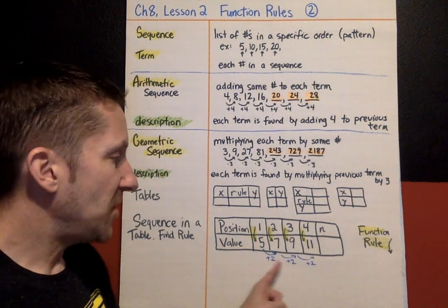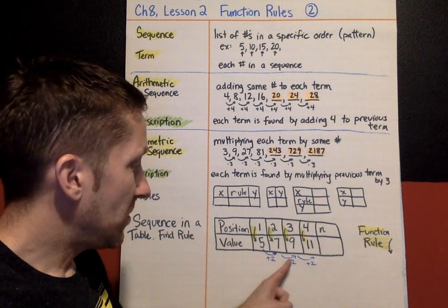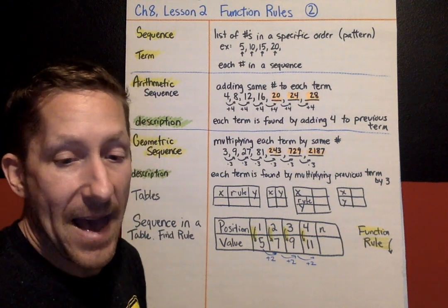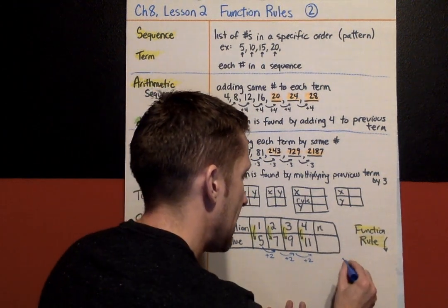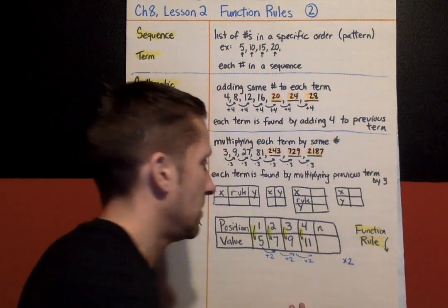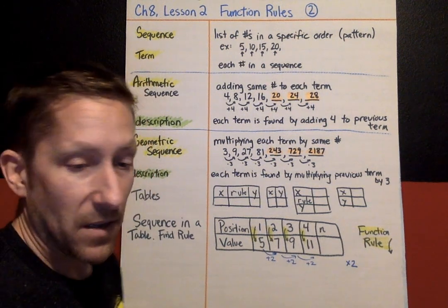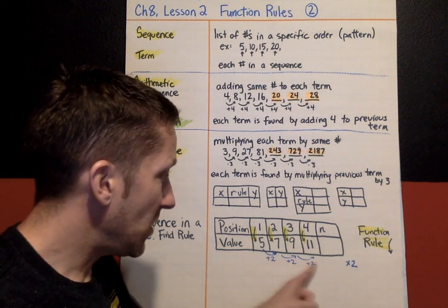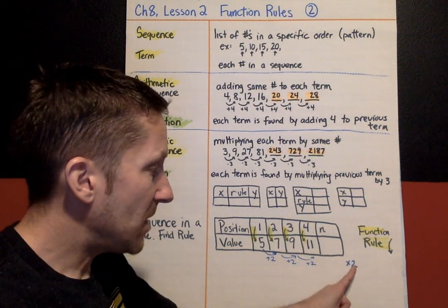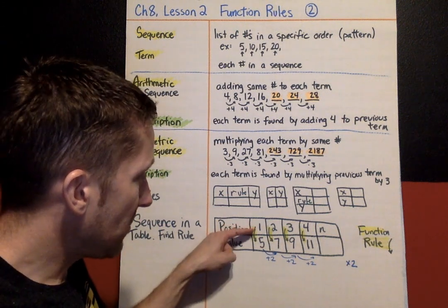When you see that change in the y values, a consistent change, plus 2, plus 2, plus 2, that means that part of your rule is times 2. And then you have to figure out what the rest of your rule is. So if you're adding 2 to each value of y, that means part of your rule is going to be times 2.